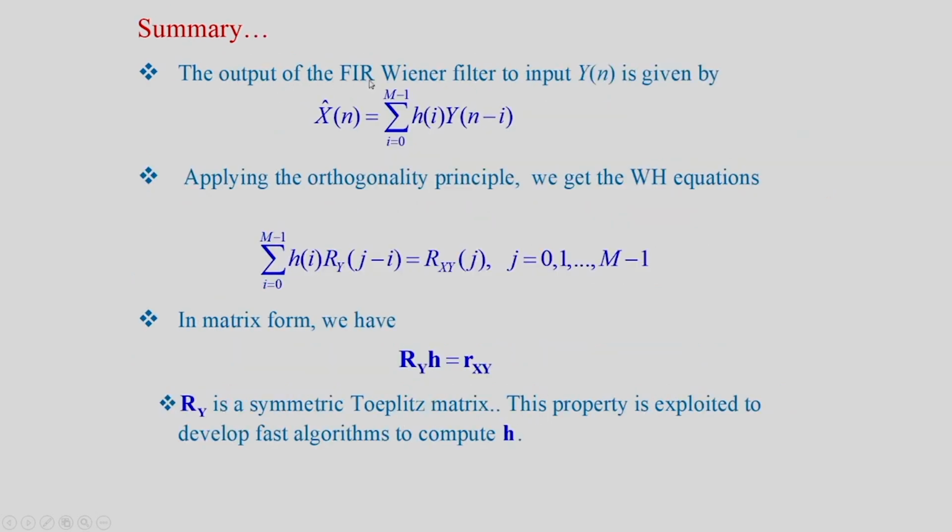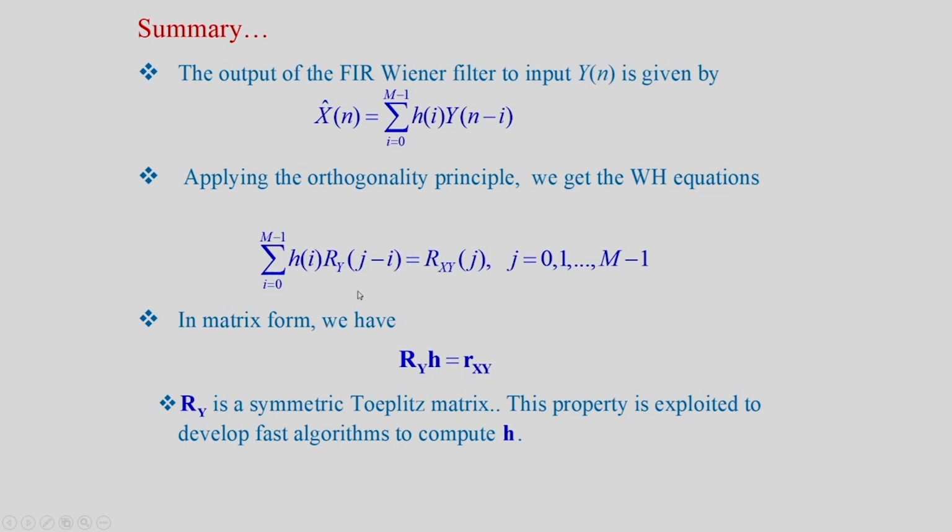The output of the FIR Wiener filter to input y n is given by this, and these filter coefficients we have to find out using the orthogonality principle. Applying the orthogonality principle, we get the Wiener-Hopf equations like this: summation h i into Ry j minus i, i going from 0 to m minus 1, is equal to Rxy j, for j equal to 0 to m minus 1. m equations are there and there are m unknowns.